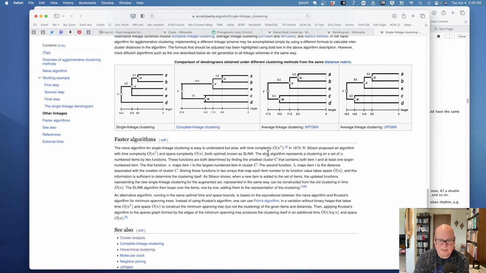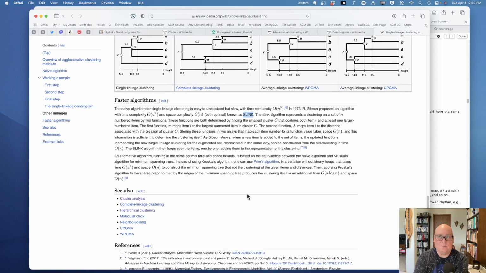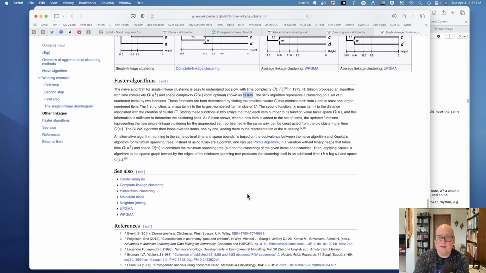How fast are these things? Well, naive algorithm is O(n cubed). We can get down to n squared with the S-link algorithm. I'm looking at 100 maybe items, 200 items. So 100 cubed is 10,000 times 100, is that a million?